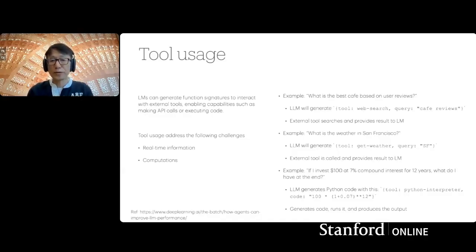Then the software receives this text output from the model, parses it, and actually makes an API call to the weather provider, gets the weather information, and provides it back to the language model. The language model will then generate a more human-friendly, helpful output based on this API result.